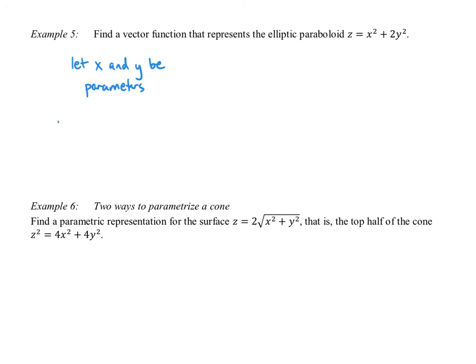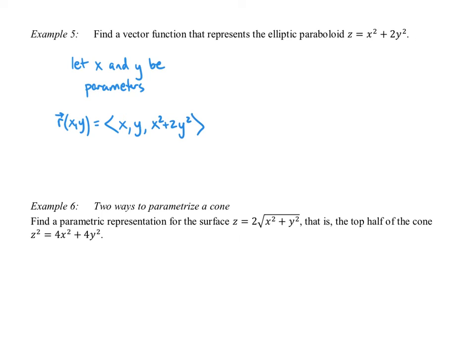So for example, we could have the vector valued function x and y, where x is itself, y is itself, and then z is simply just the equation that we have for z.